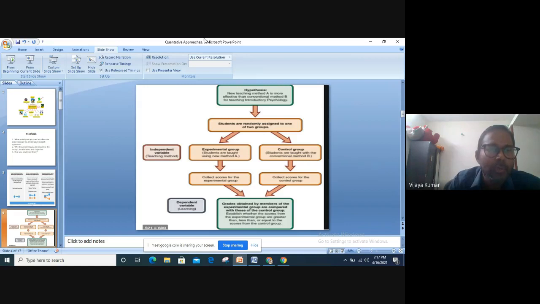That could be based on his previous studies or his classroom observation or whatever, which he calls method A. Now, Mr. Charles has developed a more effective method, which could be based on some fundamental premises of certain theories, a combination of many theories, and he could have developed a new strategy for teaching Tamil medium learners, which he calls method B. So he has a hypothesis, and his hypothesis is that the method that the researcher has proposed for speaking is far more effective than the existing approaches to speaking.